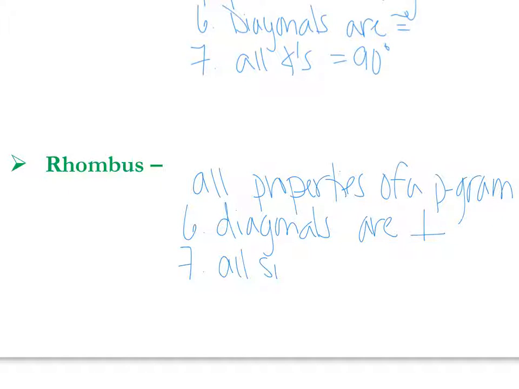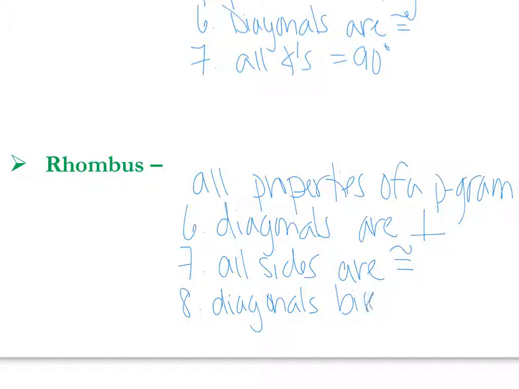All sides are congruent. And diagonals bisect opposite angles. So a rhombus is another example of a parallelogram. It just has more properties, more details.